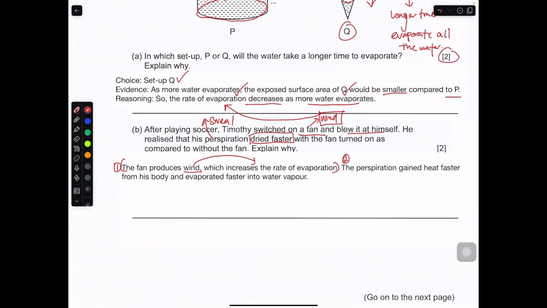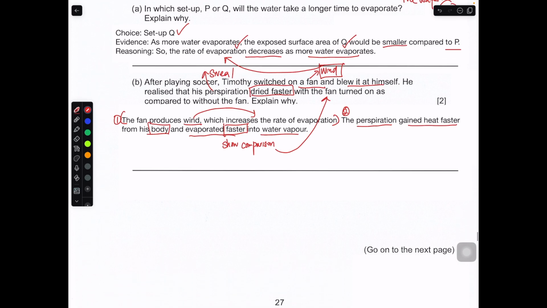Next, the perspiration gains heat faster from his body. Why from his body? Because the perspiration is found on the surface of his skin, therefore it evaporates faster into water vapor. The word faster here is to show comparison with and without the fan. So you probably need to write that down.